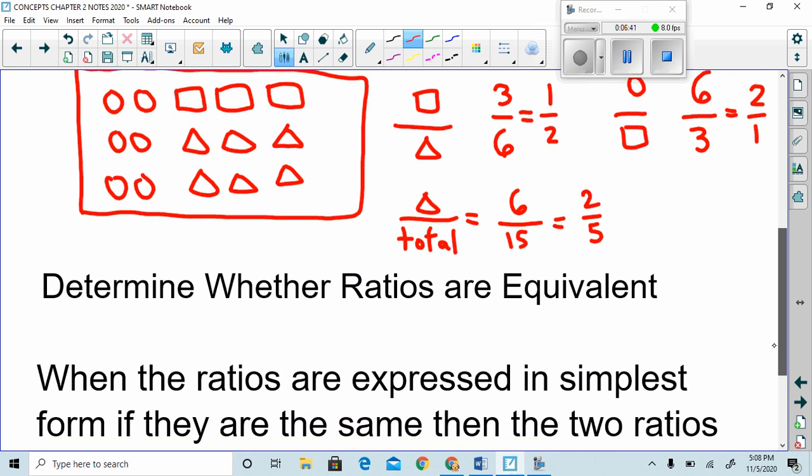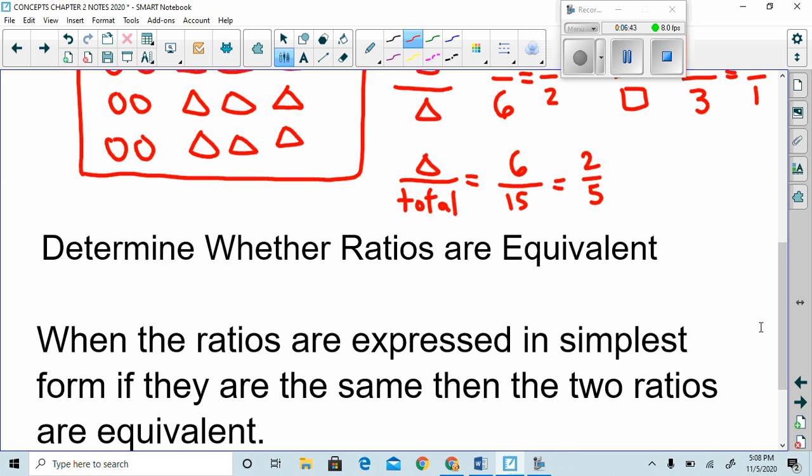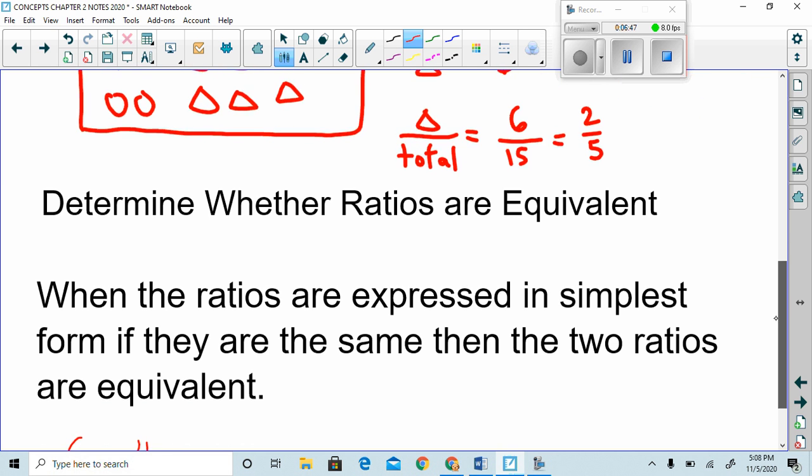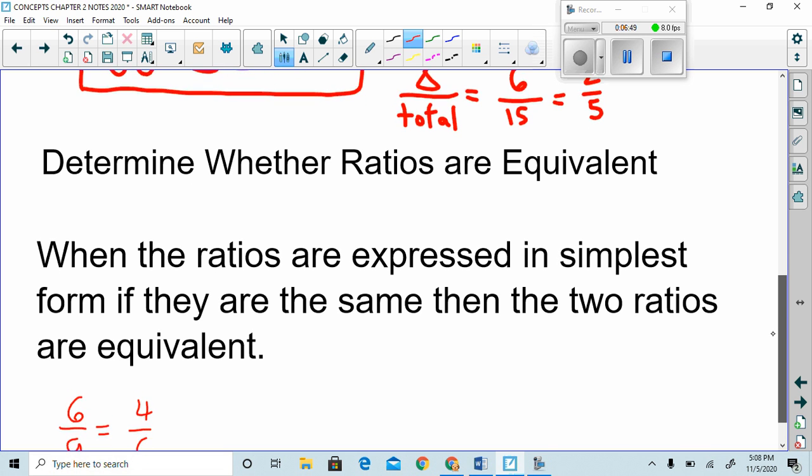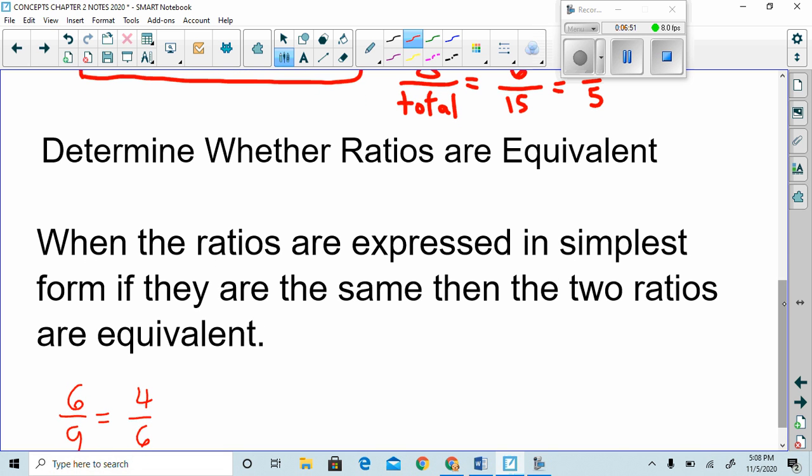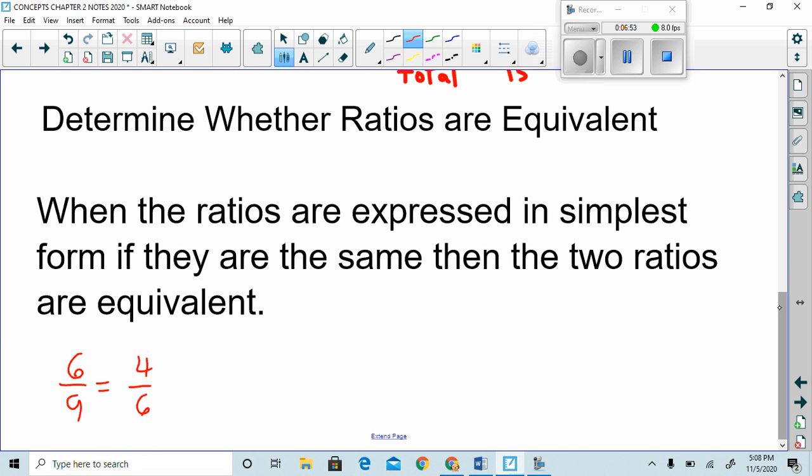Now we're going to talk about whether ratios are equivalent by expressing them as ratios in lowest terms. So we'll simplify them first. If I look at a 6 to 9 ratio and a 4 to 6 ratio, if I take 6 over 9 and simplify it by dividing by the GCF, dividing by 3 and 3, I get 2/3.